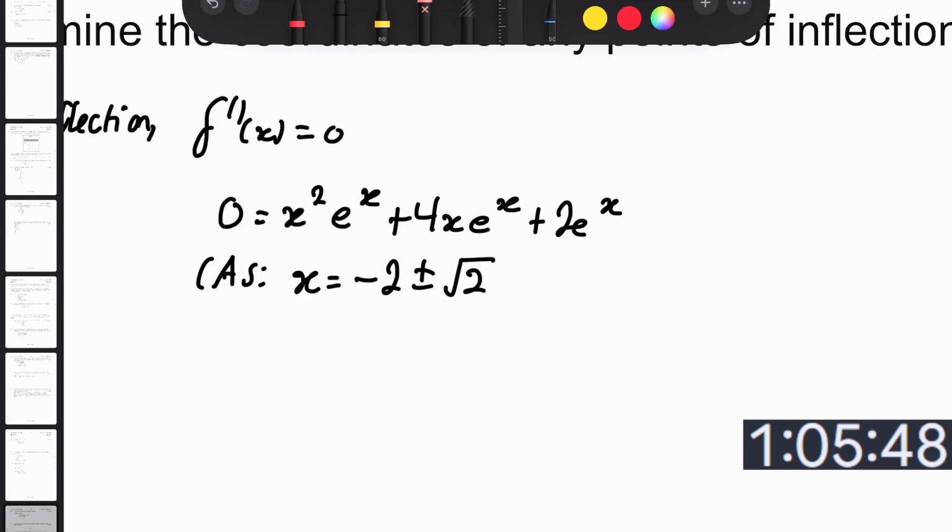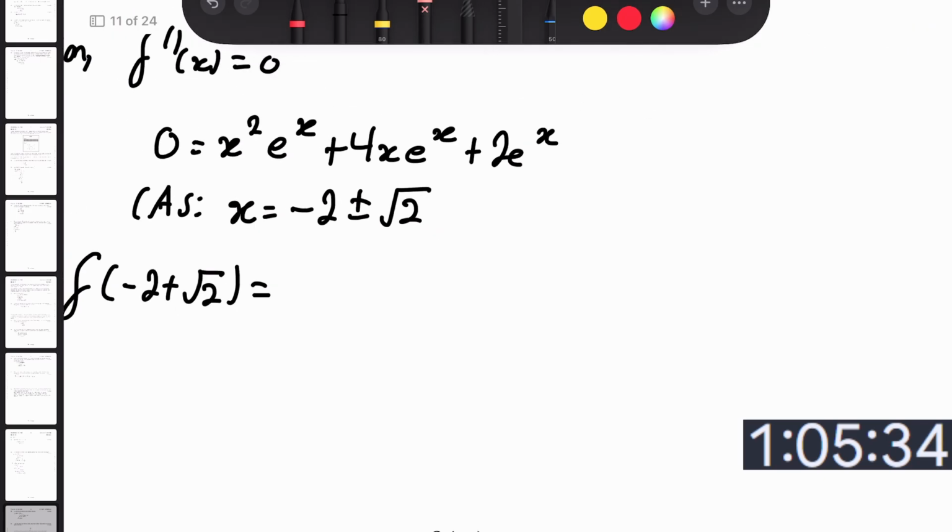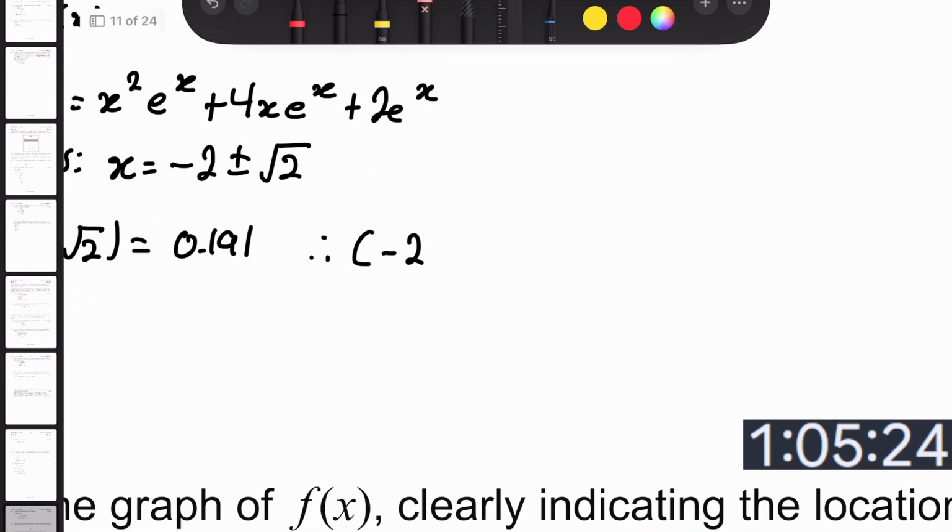So negative 2 plus or minus, and then it wants the coordinates. So f of negative 2 plus square root of 2 is going to equal 2 plus square root of 2. Probably going to want a decimal. 0.191. What is the standard version? Yeah, no, I'm not writing that.